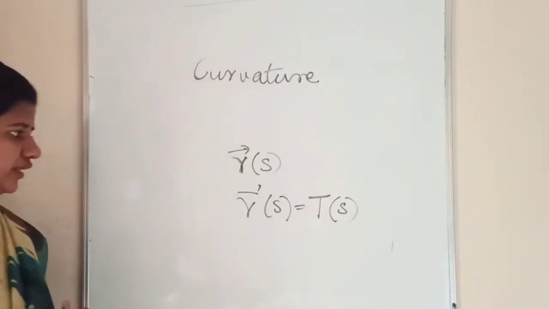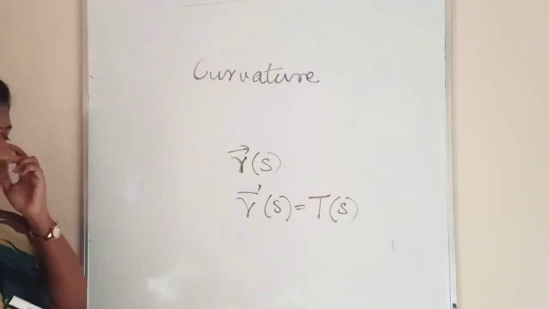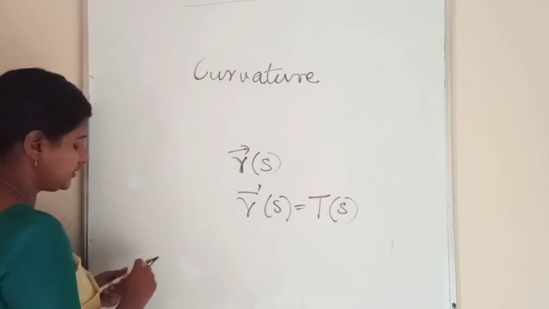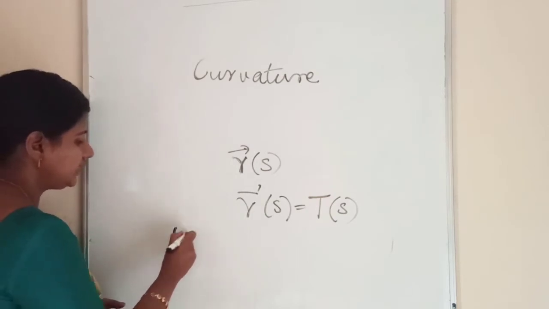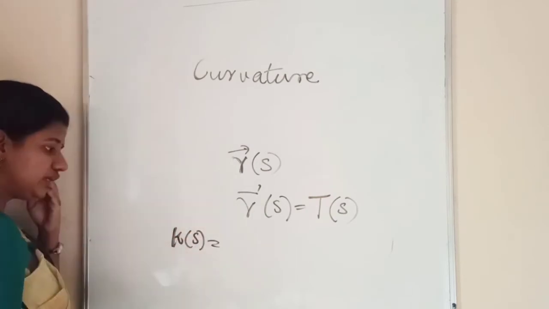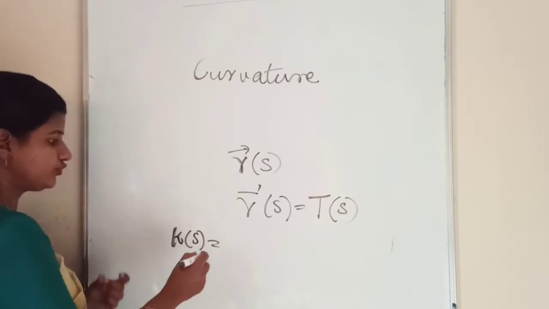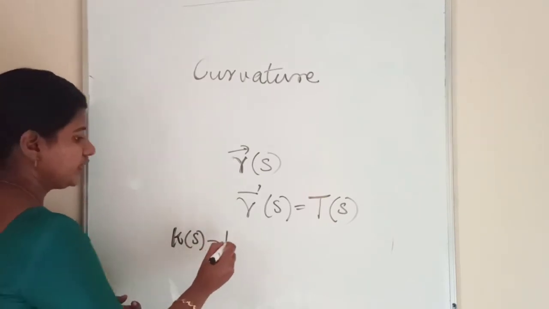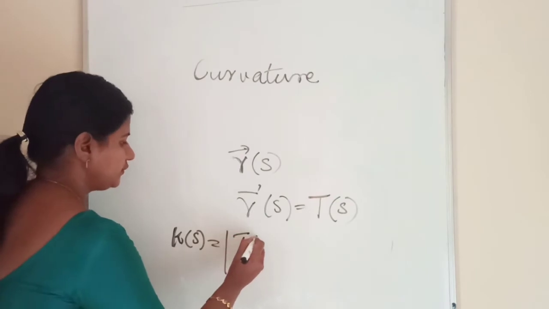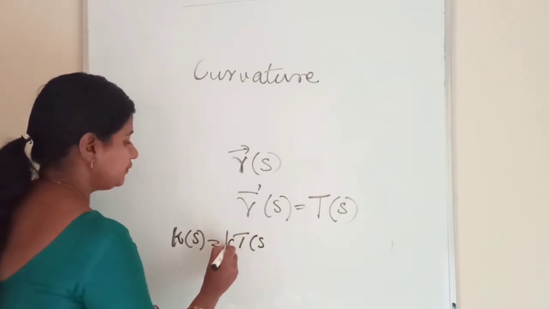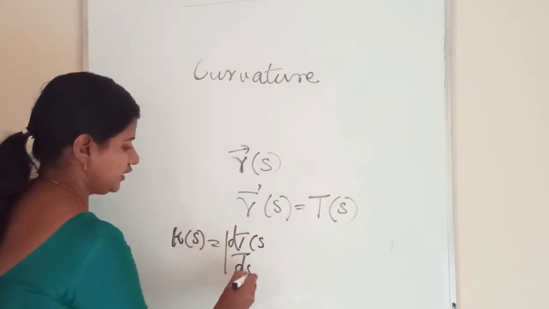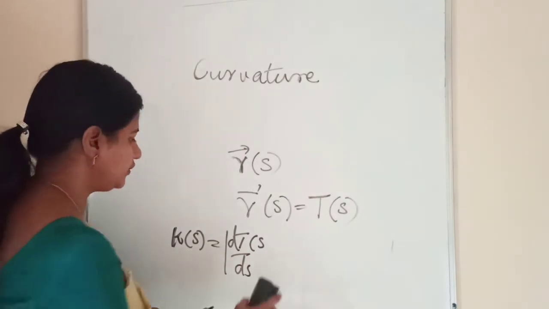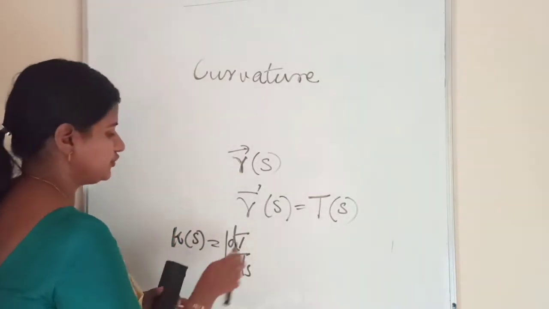Actually, the curvature of this curve is also a function of S, and it is defined as the length of the rate of change of the tangent vector. That means we have dT by dS, the modulus value of the rate of change of the tangent vector.